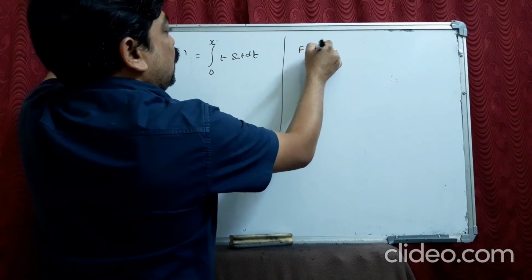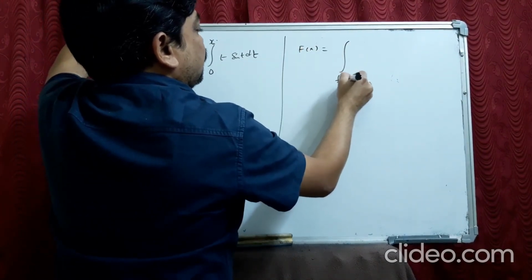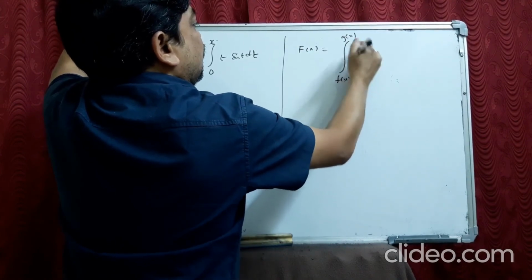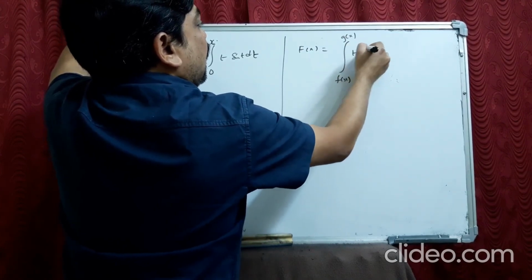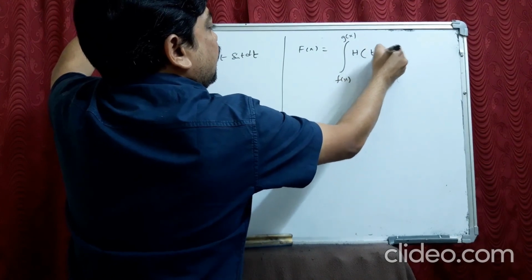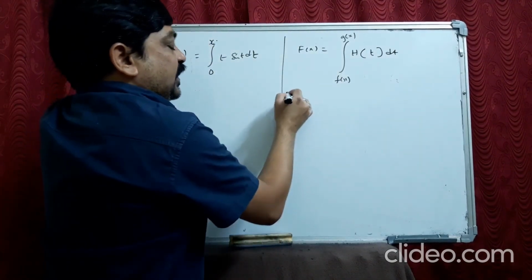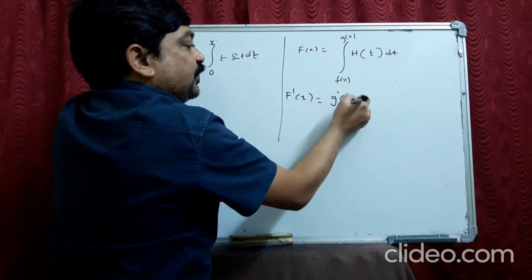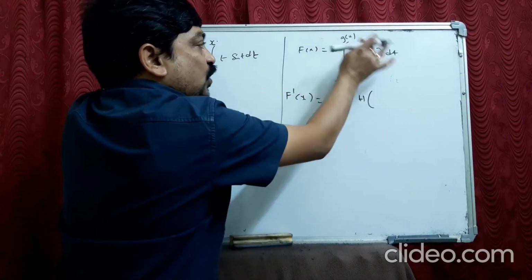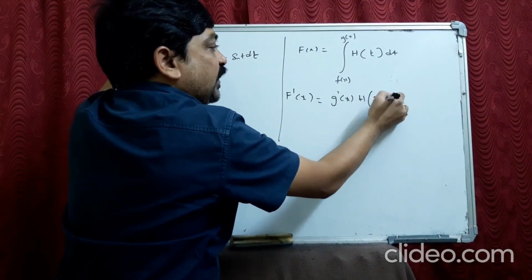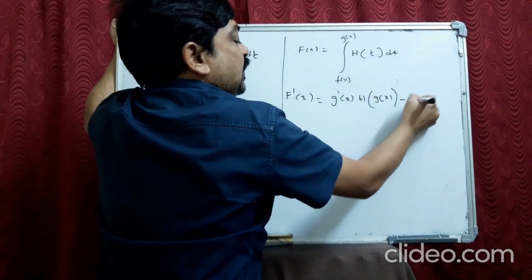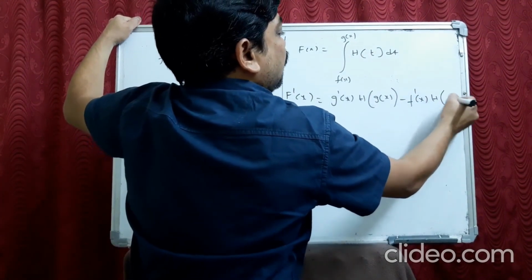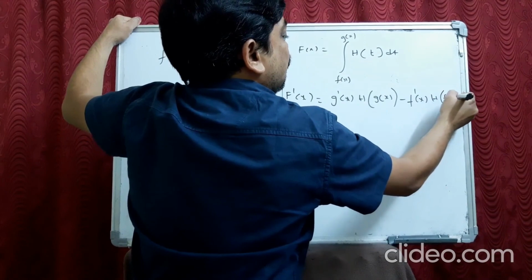If f(x) is equal to integration from some f(x) to g(x) of h(t) dt, then f dash x will be derivative of upper variable into h of, in the place of t we write the whole g(x), minus derivative of lower variable into h of, in the place of t we take the lower limit.